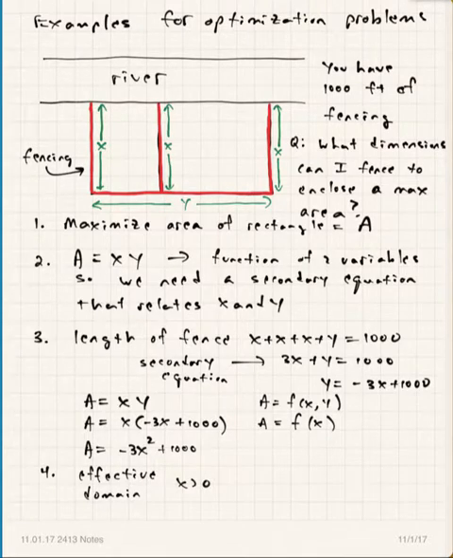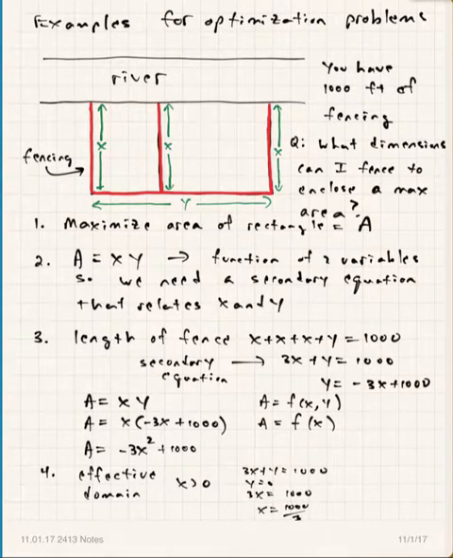And there's really an upper restriction on x also, because we know the total length of the fencing has to be 1,000 feet. So we know that 3x plus y has got to be equal to 1,000. If you let y equal 0, then you get that 3x is equal to 1,000, or x is 1,000 thirds.